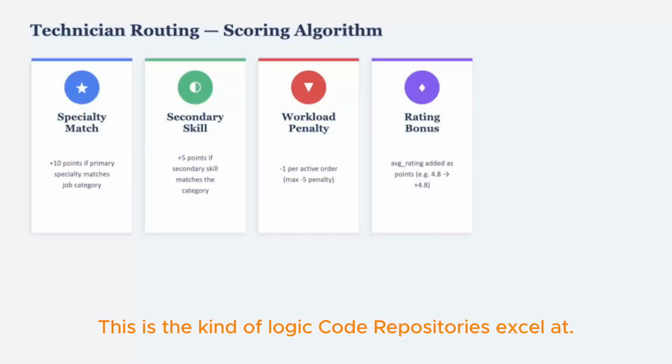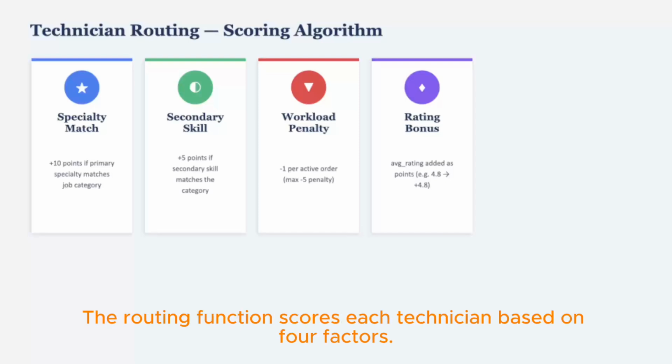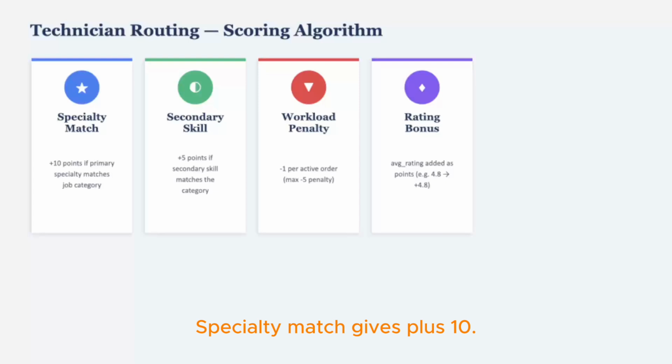This is the kind of logic code repositories excel at: multivariable scoring, conditional rules, and ranked outputs. The routing function scores each technician based on 4 factors. Specialty match gives +10.